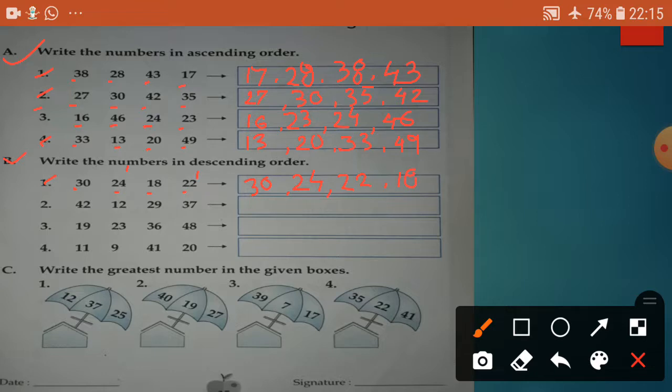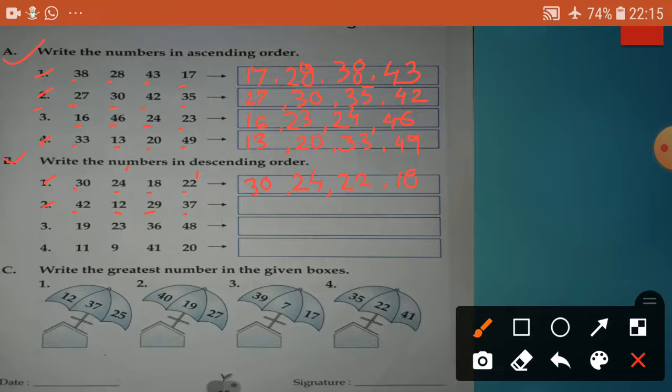Okay. Next number 2. 42, 12, 29, 37. See tens, every tens is different. See number first, tens is different. It's very easy. See 1 ten, 2 tens, 3 tens, 4 tens. So 4 tens, 4 is bigger number, biggest number.